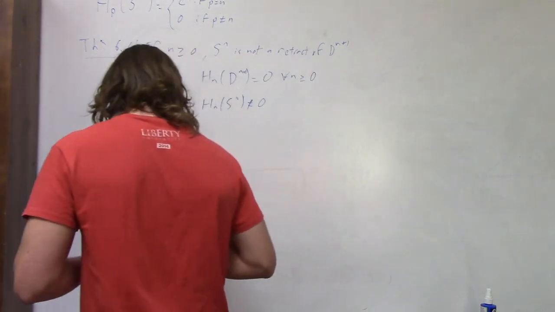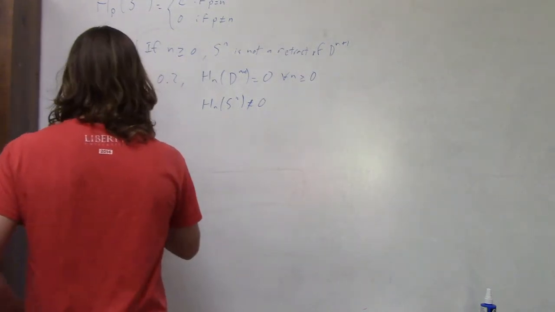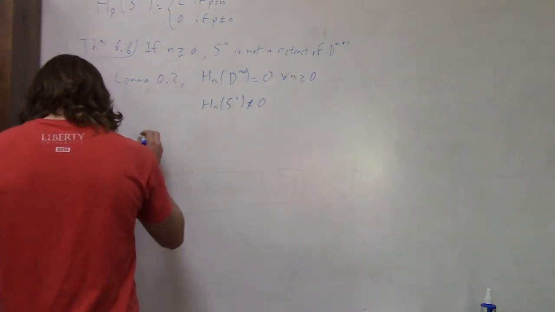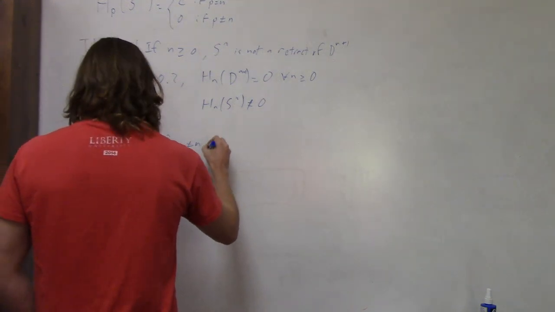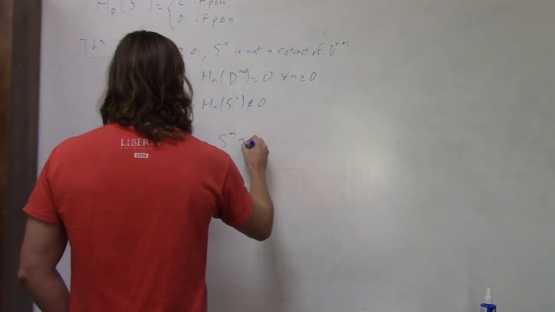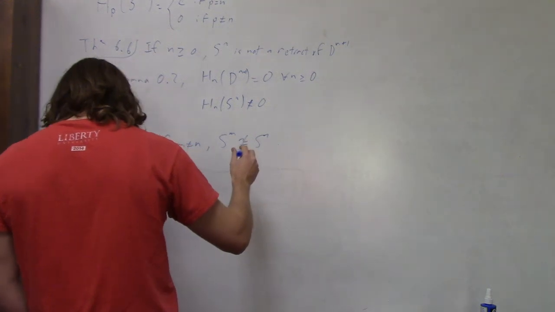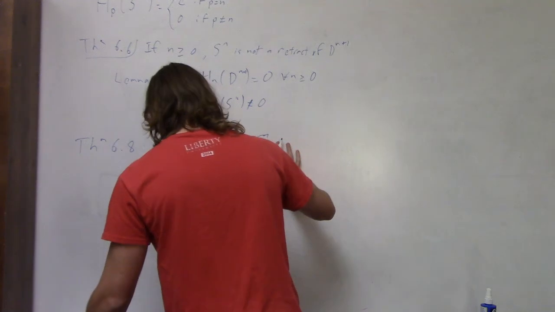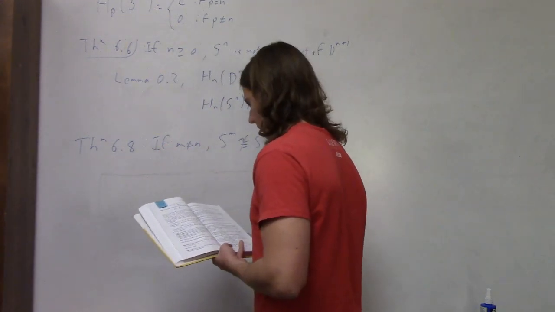Okay, and then we can show another unexpected fact, theorem 6.8. If m is different than n, then Sm is not homeomorphic to Sn, and they do not have the same homotopy type. The proof is by contrapositive, I guess.